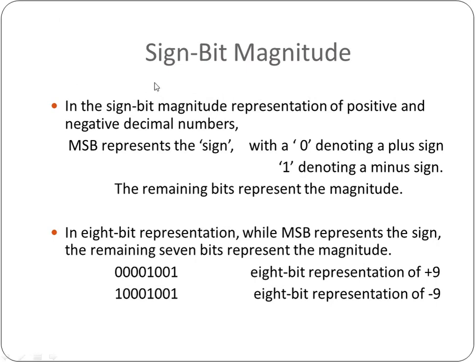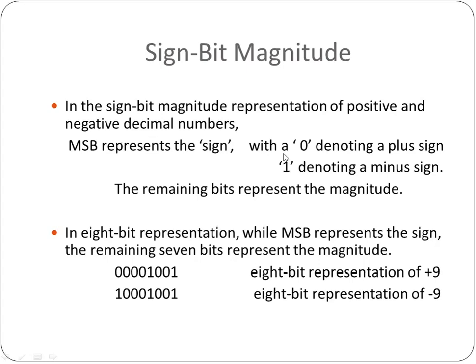Sign bit magnitude means the number shows sign also and magnitude also. In sign bit magnitude representation, positive and negative decimal numbers are shown with an MSB bit representing either a plus sign or a minus sign.